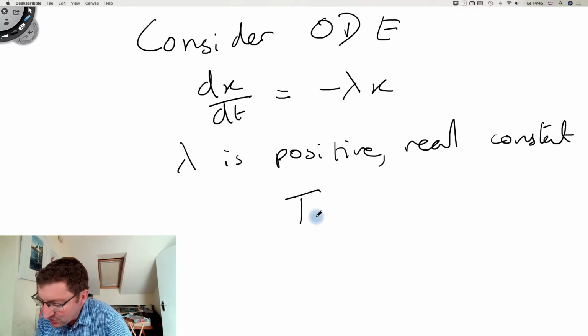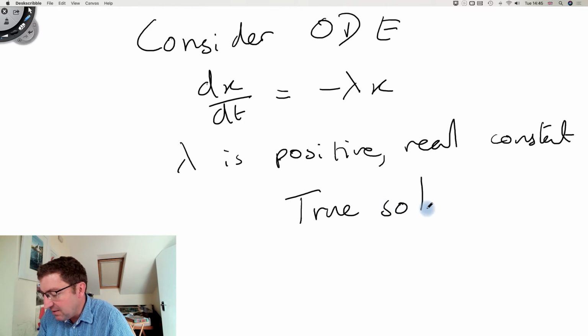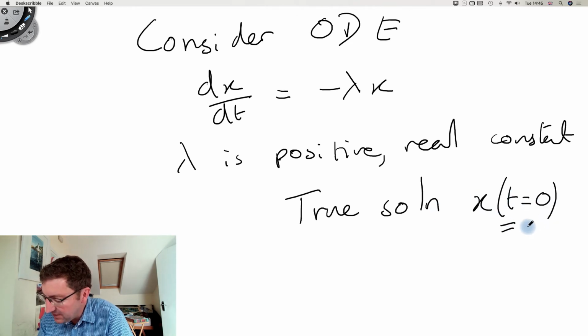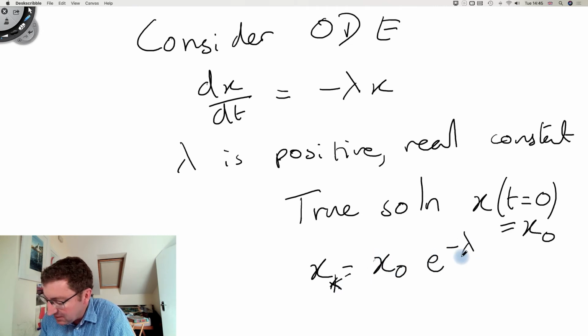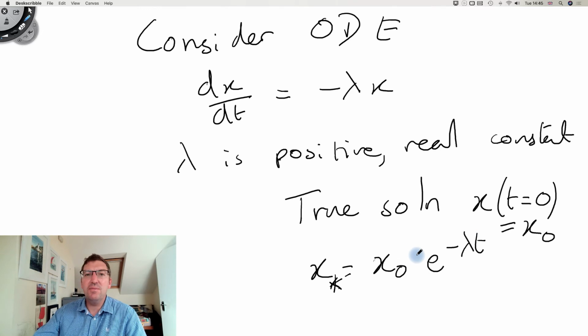A true solution exists, and we're using this example because there is a true solution. Given that x at t equals 0 is simply called x sub 0, then x, which we're going to call x star for the true solution, is x naught e to the minus lambda t.